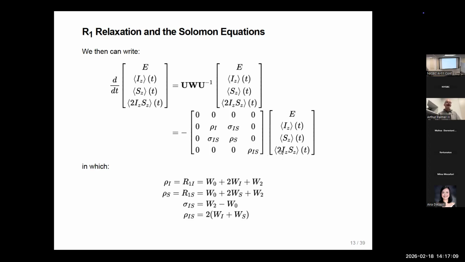If I went back and put in that WI was really WI plus and WI minus with different rates going up and down, the algebra is much more complicated, but I do find that there are conditions in which there can be cross-relaxation between the two-spin term and either of the one-spin terms.